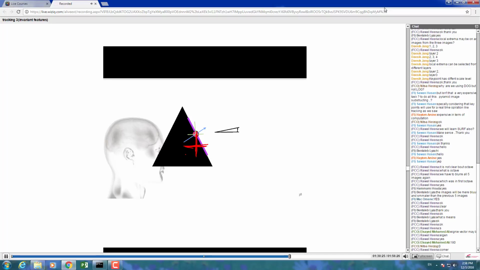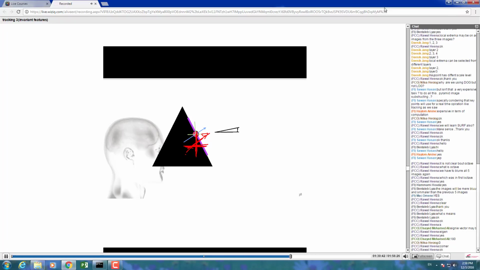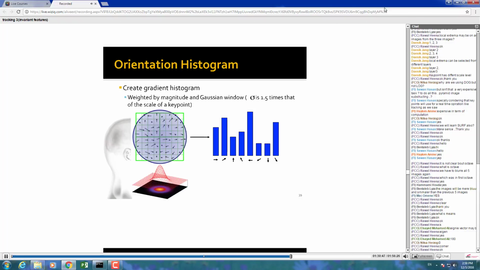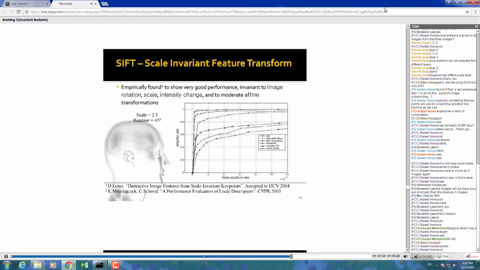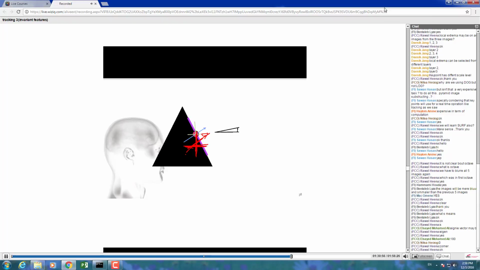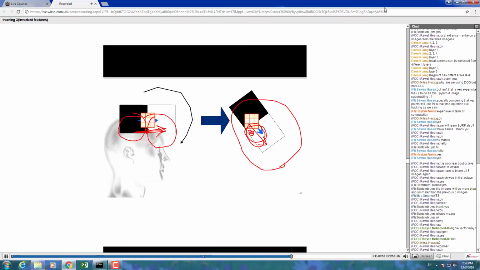It means it is calculating the horizontal x-direction edginess and the vertical edginess, and then taking the arc tangent of these two values, we can calculate the angle of this edge. We can get the angle. So that is the basic way to calculate the angle of every point.